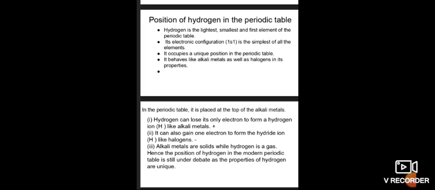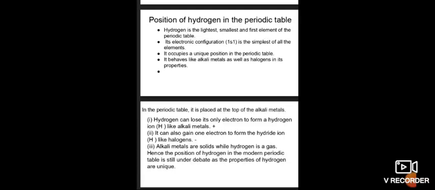Position of hydrogen in the periodic table. Hydrogen is the lightest, smallest, first element. Its electronic configuration is 1s1. It occupies a unique position in the periodic table because it can be present as a positive ion and a negative ion. So the position of hydrogen in the periodic table is still an anomaly. It's a special one.